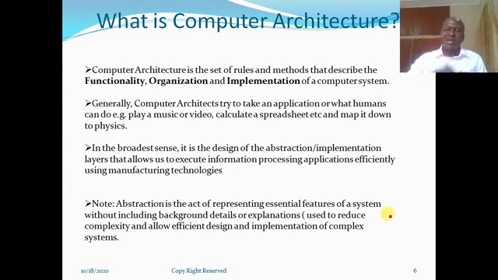And the gap between the application and what the physics can do is actually a very huge or long gap. So the computer architect tries to design the various implementation layers that allow us to execute information processing applications efficiently using manufacturing technologies.